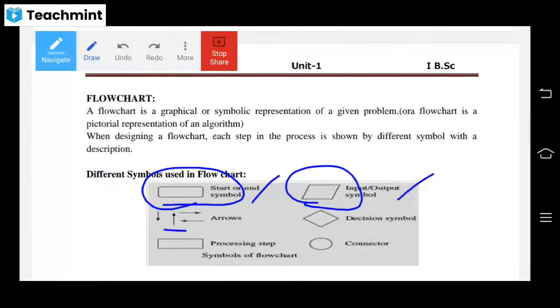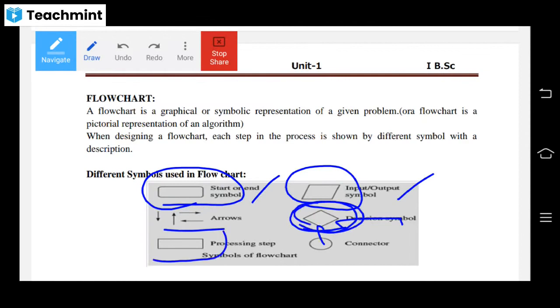The arrows indicate the direction and data flow, how the steps flow to the next instruction. Next, the rhombus symbol is taken as the decision symbol. If it's true, go like this. If it's false, go like this. Like that, we can use this decision symbol.